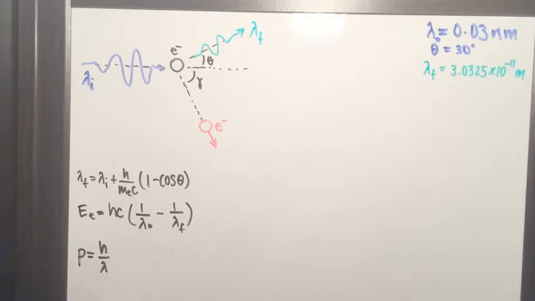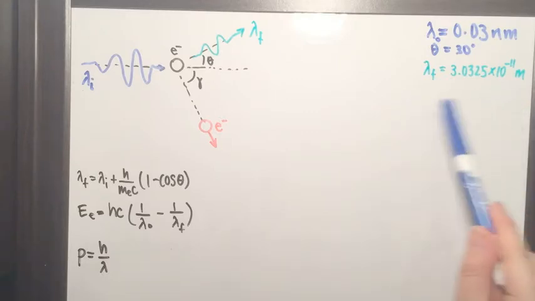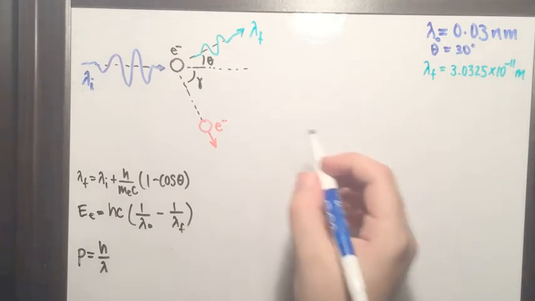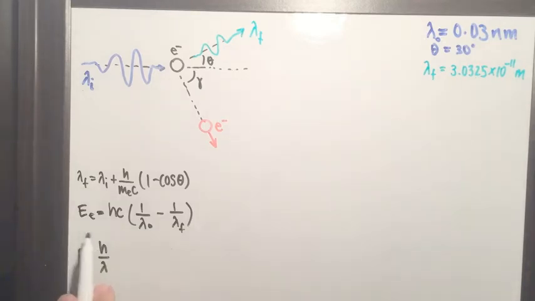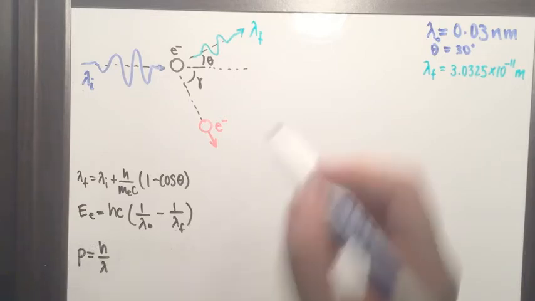Next, we are going to calculate the energy gained by the electron due to the collision, and I've just recorded our value for the final wavelength of the photon up here so we have it to refer to. Using this equation, we can calculate the energy that the electron gains due to the collision.